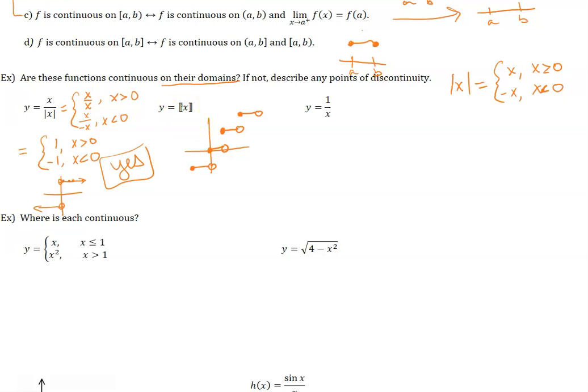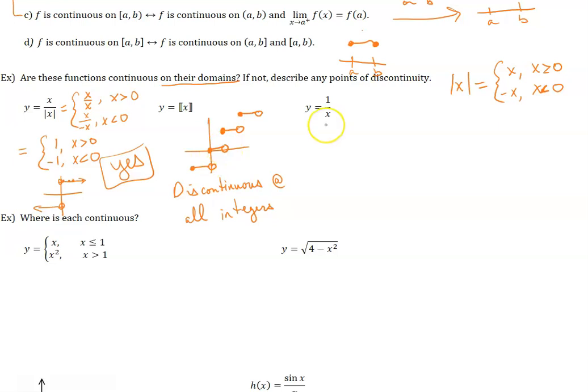However, it is not continuous at every point on its domain. Here we would say that it is discontinuous at all integers. It's continuous at every non-integer point.